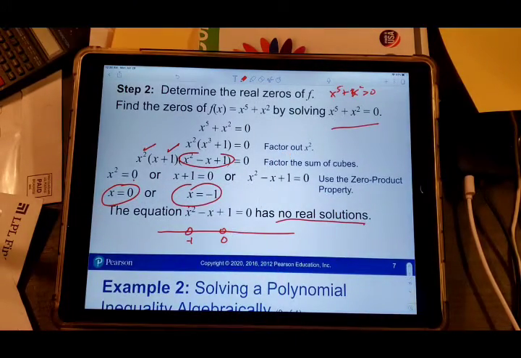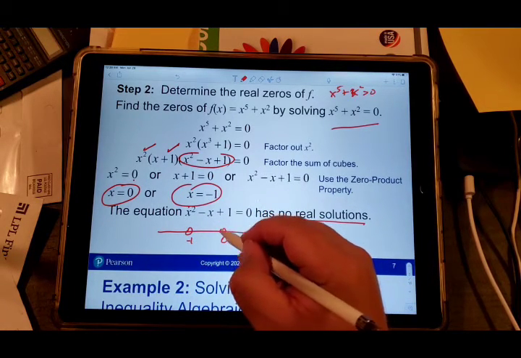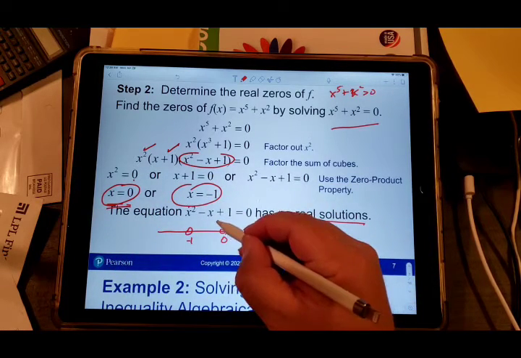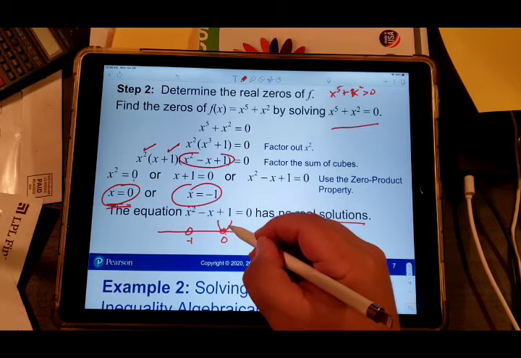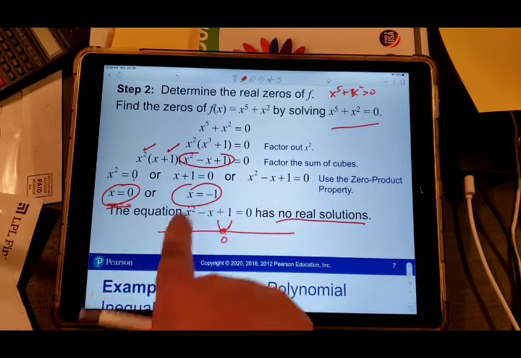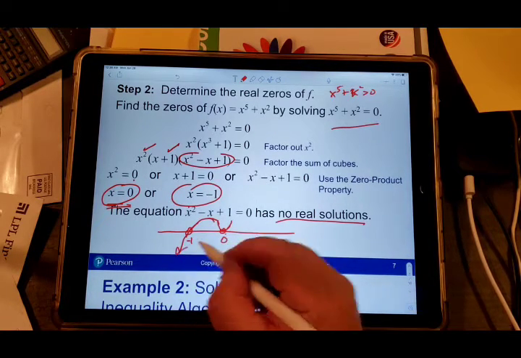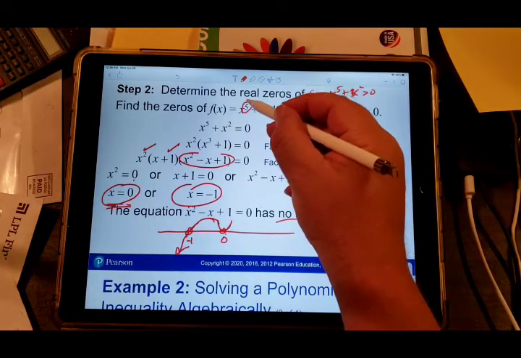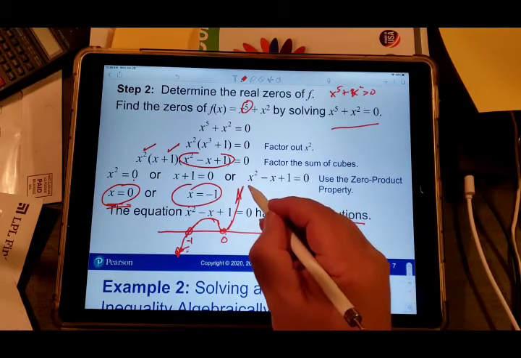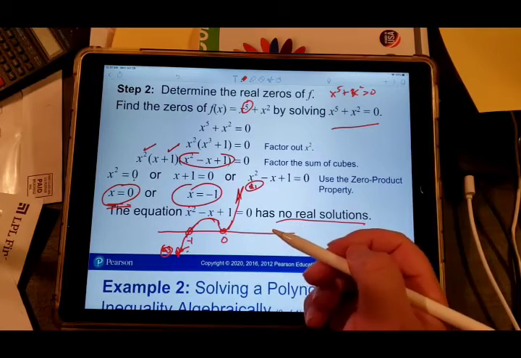Well, once again, I know it's going to touch at 0 because this was degree 2, and it's going to cross at -1. And how is it going to leave the box? Well, it's going to leave the box the way x to the 5 leaves the box, in quadrant 1 and quadrant 3. So where is it positive?